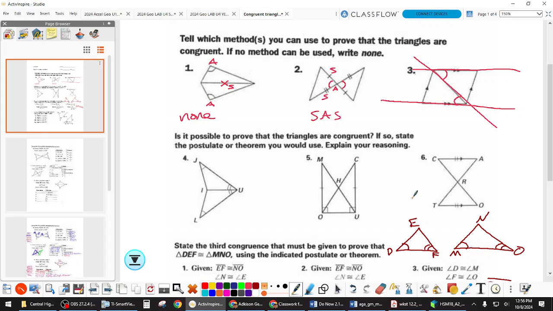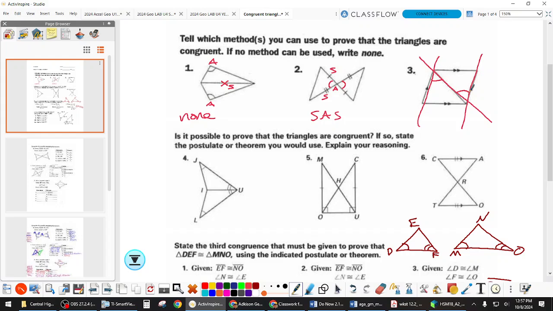So we have alternate interior angles there. Then if we look at these two parallel lines, same transversal, what do we have from that? Maybe turn your head. You see how those are alternate interior as well?